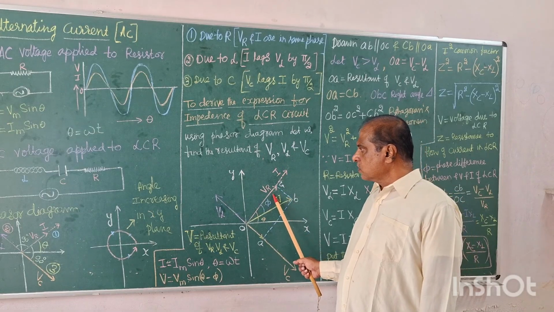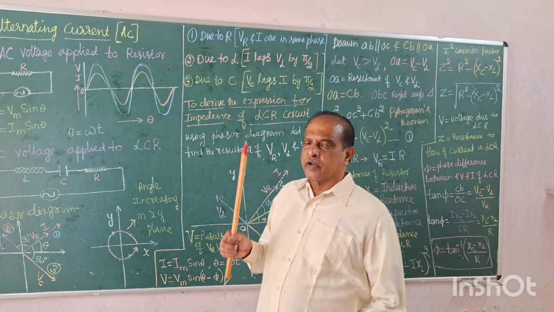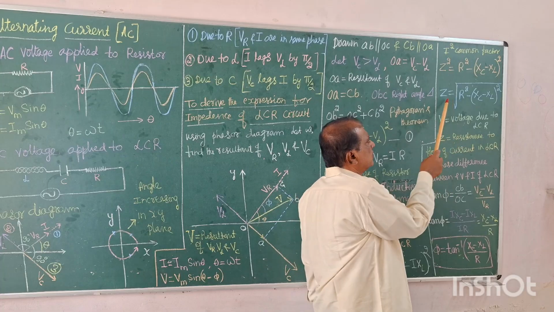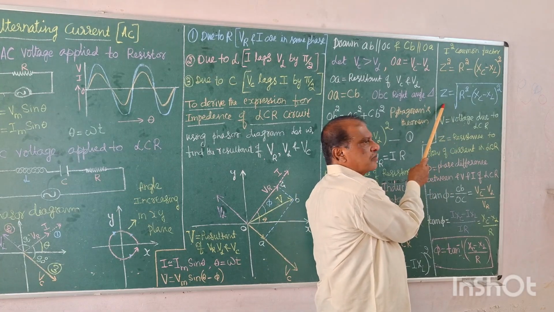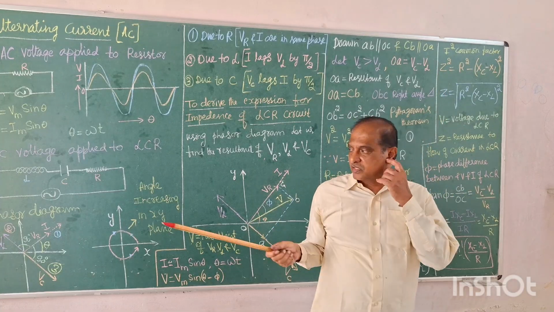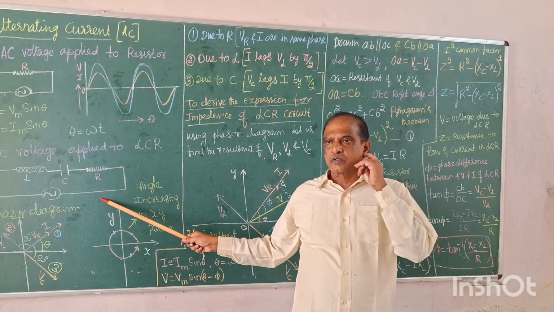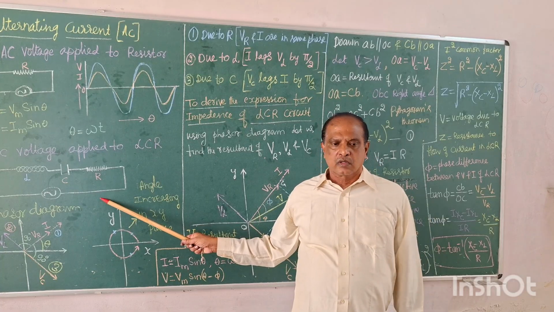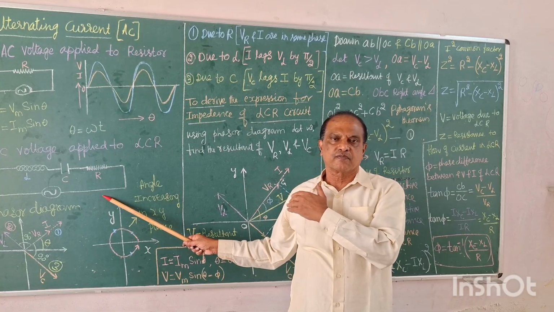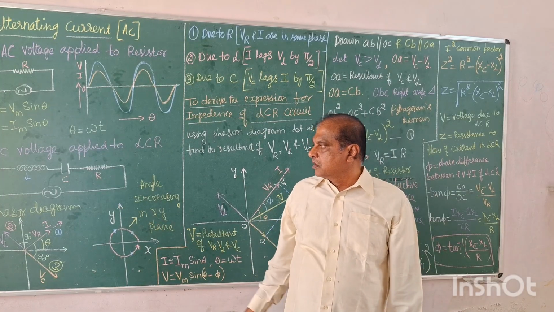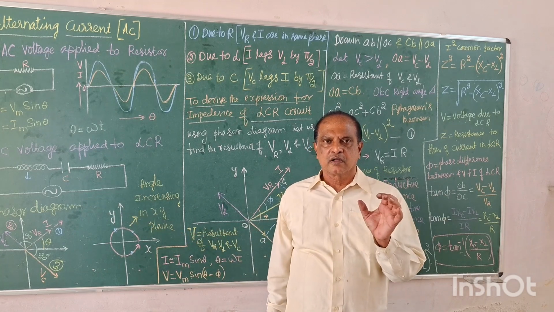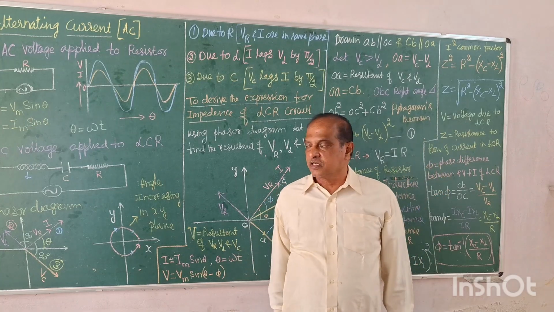And in doing so, you also get an important expression, that is the expression for impedance. This mathematical expression is very, very important, because I told you about the filter, that is the selection of one particular frequency among the mixture of frequencies.